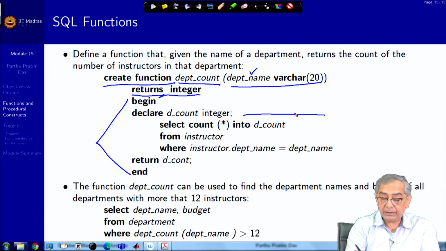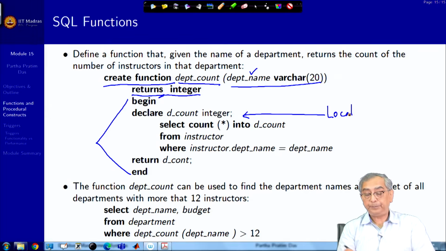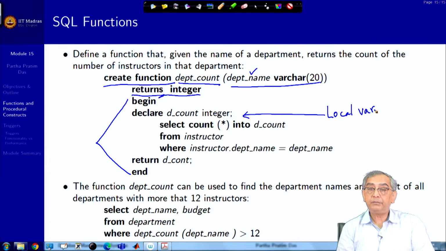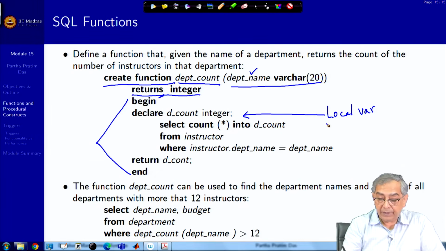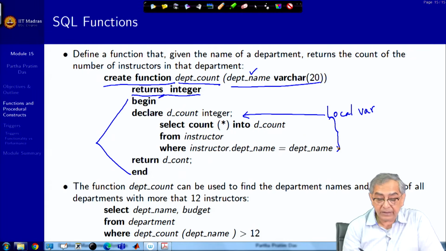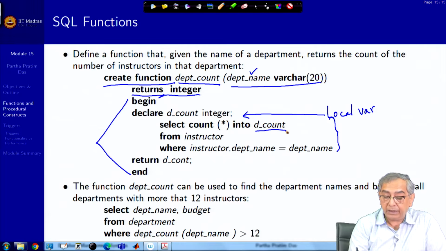Here is a local variable. You can define several of them through declare, name and the type, and then you have a pure SQL query. So, what is this query doing? Select count star into dcount.